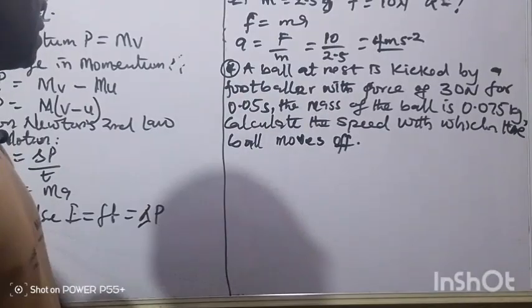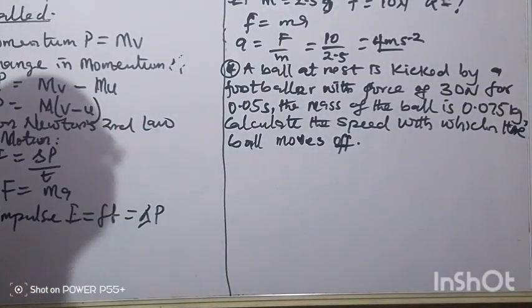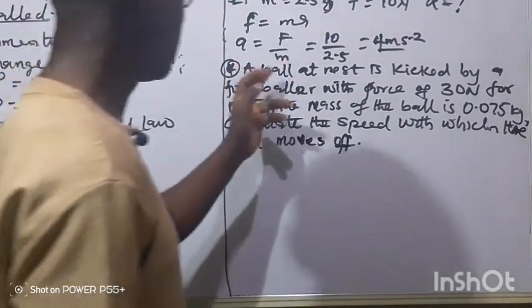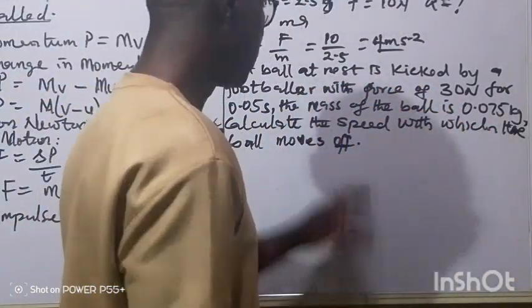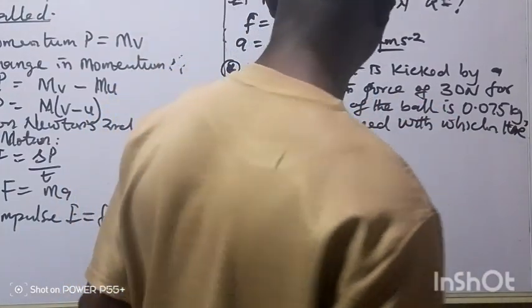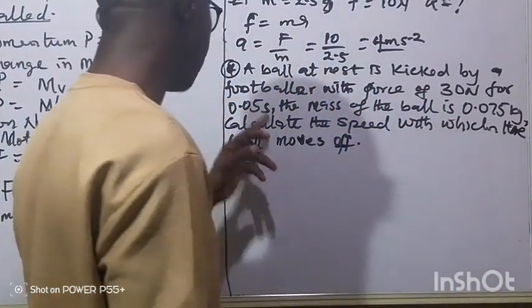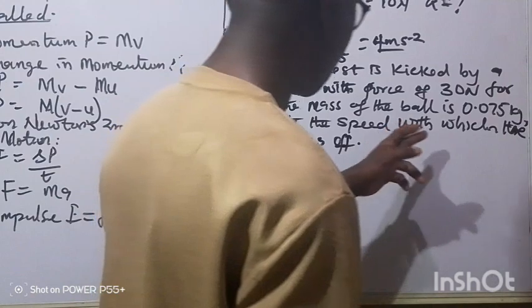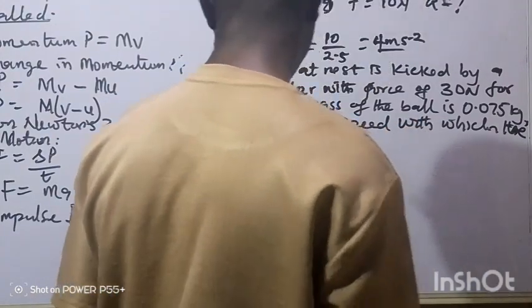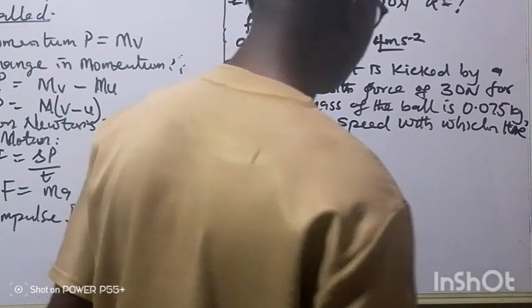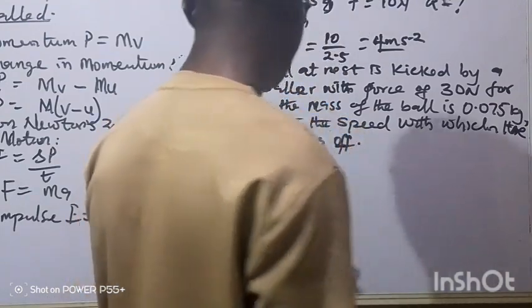Let's take this one as example 4. A ball at rest is kicked by a footballer with a force of 30 Newton for 0.05 second. The mass of the ball is 0.075 kilogram. Calculate the speed with which the ball moves off.